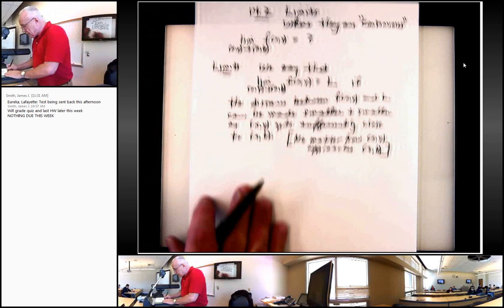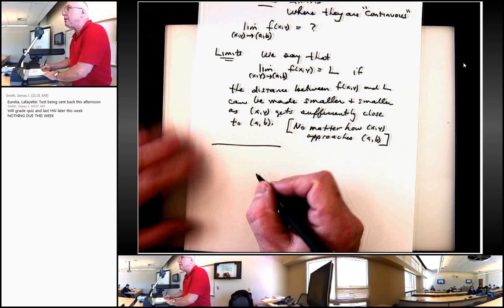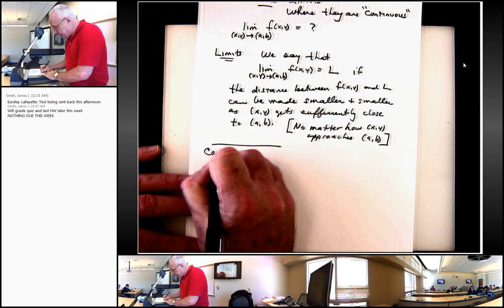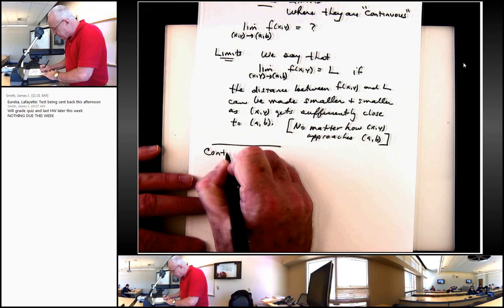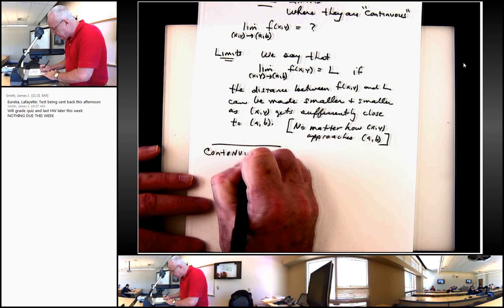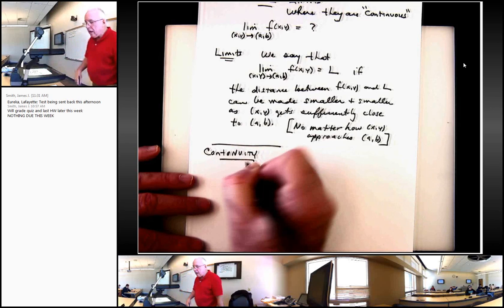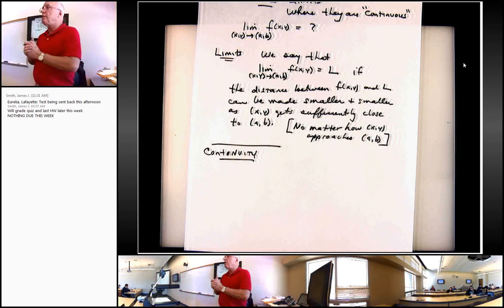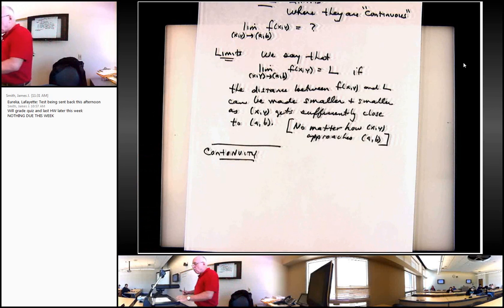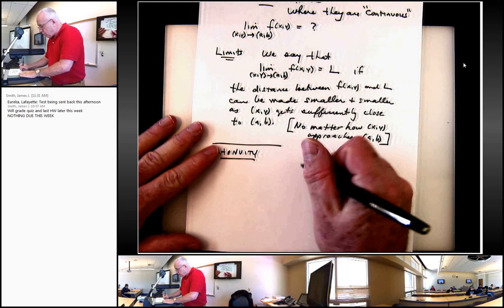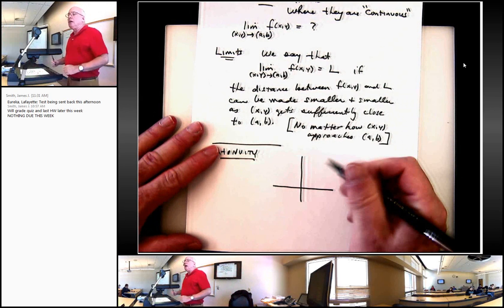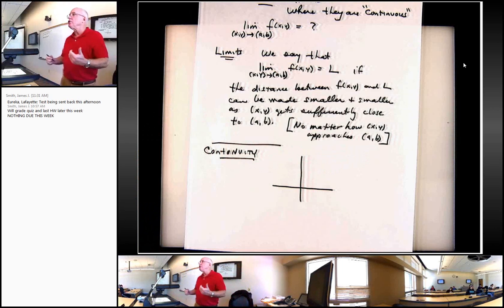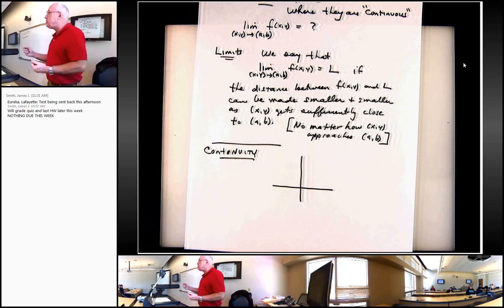Let me get this other definition out of the way, and then we'll stop for today. And that's the definition of continuity. Now, the intuitive way of thinking about continuity is that there aren't any holes in it. Remember, for a function of one variable, you may have heard that a function is continuous if I can draw its graph without lifting my pen from the paper.